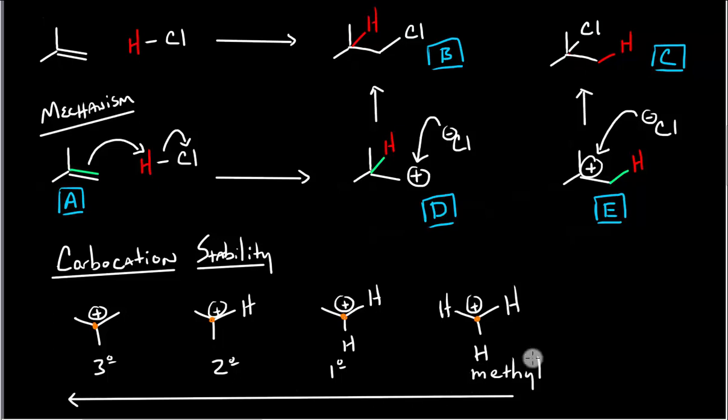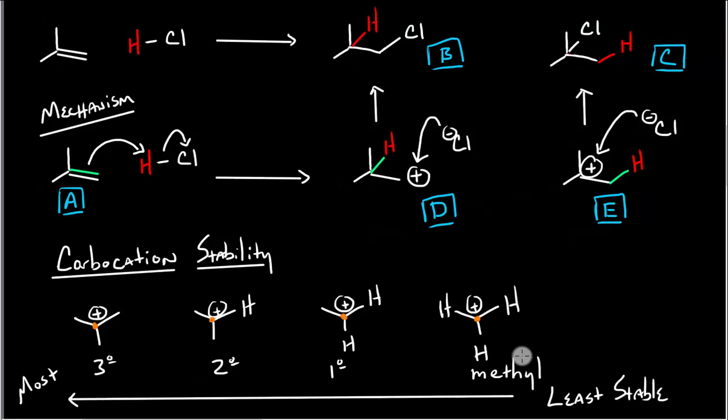What you would find is that the methyl carbocation is the least stable, and this tertiary carbocation is the most stable of all of these carbocations. Primaries are more stable than methyls, secondaries are more stable than primaries, and tertiaries are way more stable than methyls.